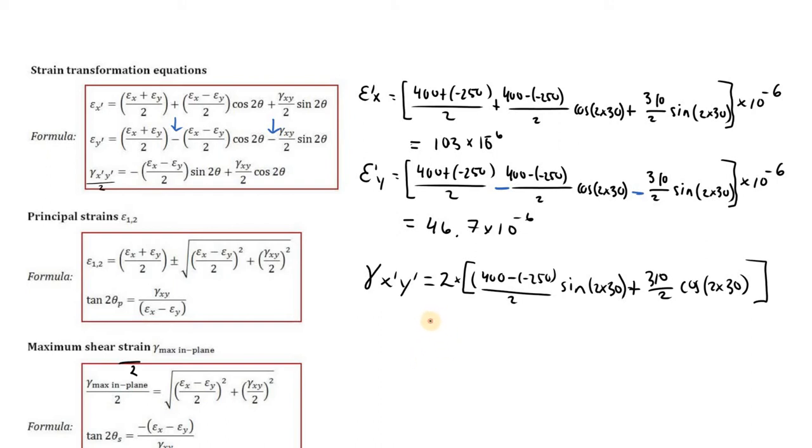We put that in our calculators and we get 718 times 10 to the negative 6.